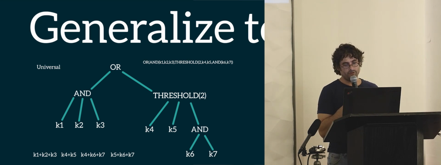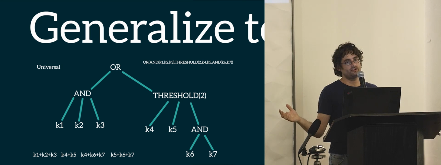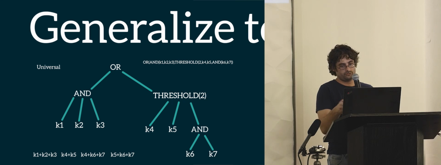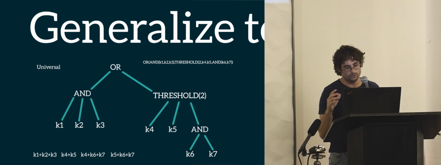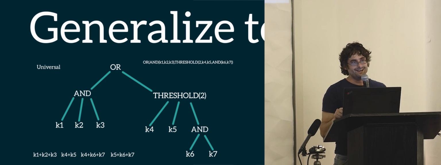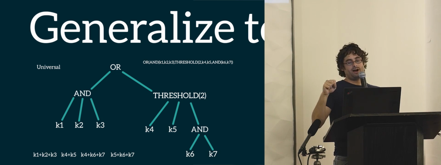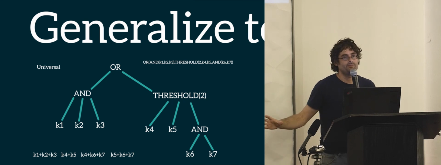So OR is the same thing as only one has to be satisfied, and AND is all of them have to be satisfied, but you could easily just as well use 2 out of 3 or whatever. So the description I give here is an OR of an AND, of a threshold of an AND. And this just says either K1, K2, K3 all sign, or 2 out of K4, K5, and the combination of K6 and K7 have to sign.